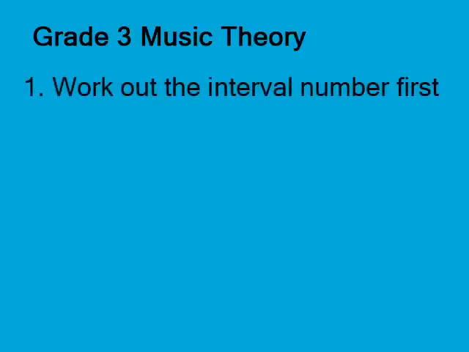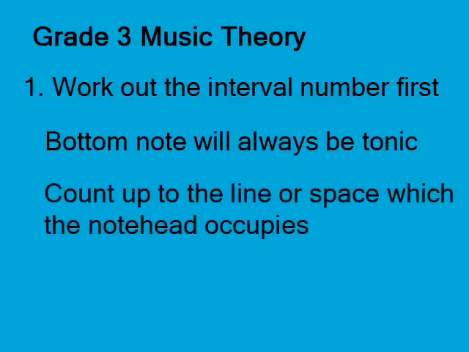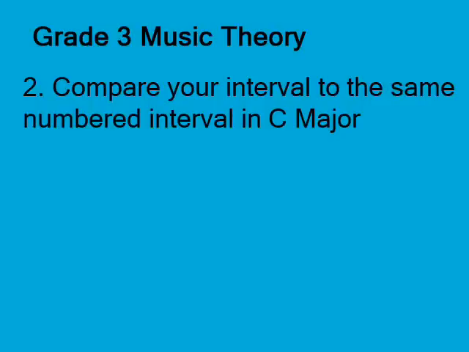So, to recap, here's how to work out intervals for grade 3. Work out the number first. Remember, at grade 3, the bottom note will always be the tonic note of the scale. Count up to the space or line which the note head sits if the note is not in the scale, and then jot down the number. Next thing to do, compare it to the same numbered interval in C major.